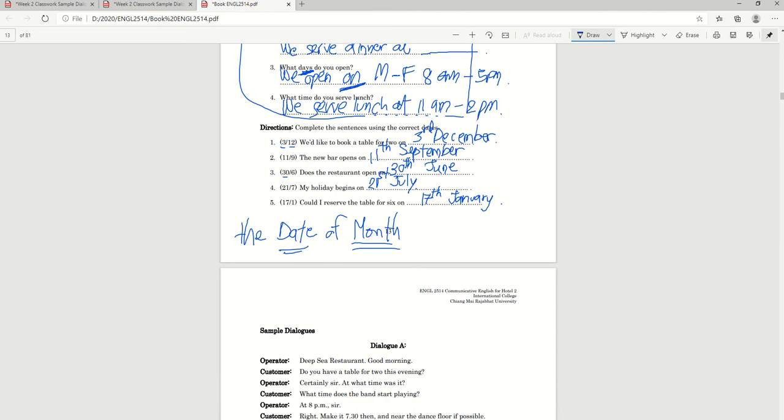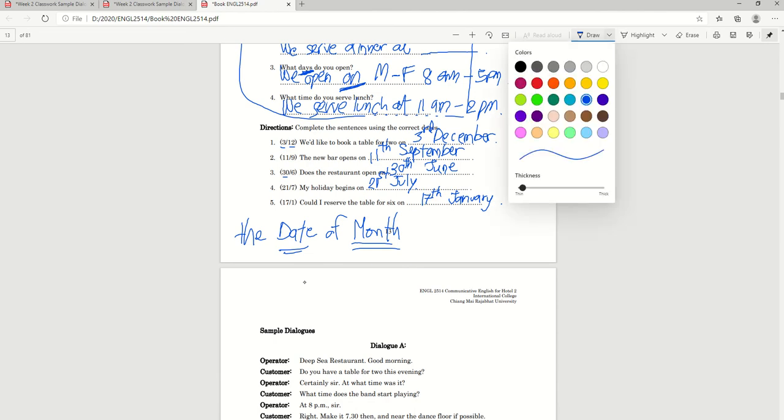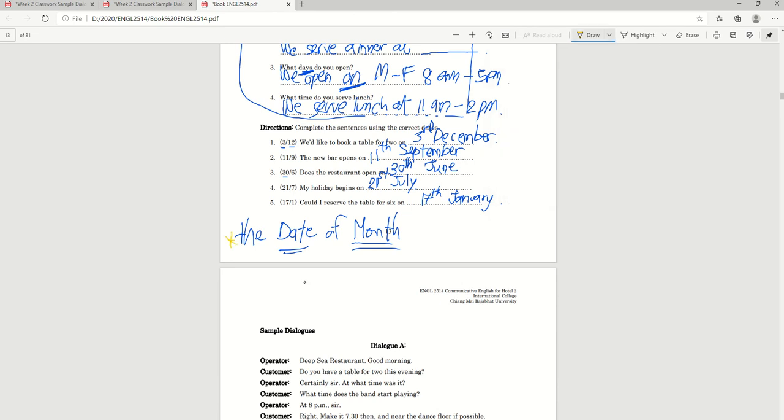Okay, or another way to say month and date. This is date and month, but what about month and date? You can say month first, followed by date.